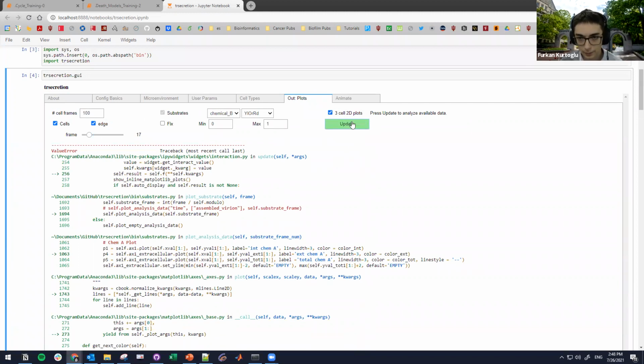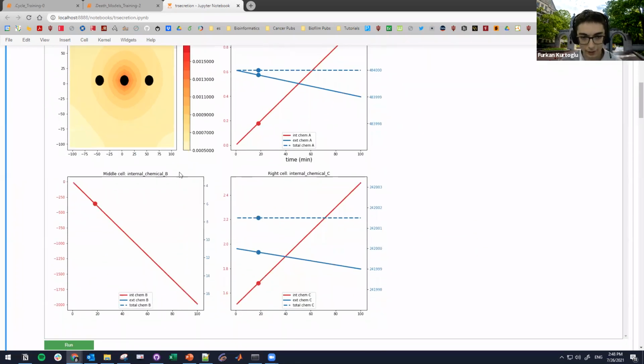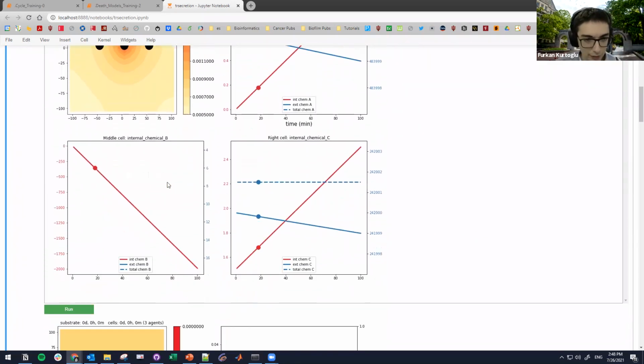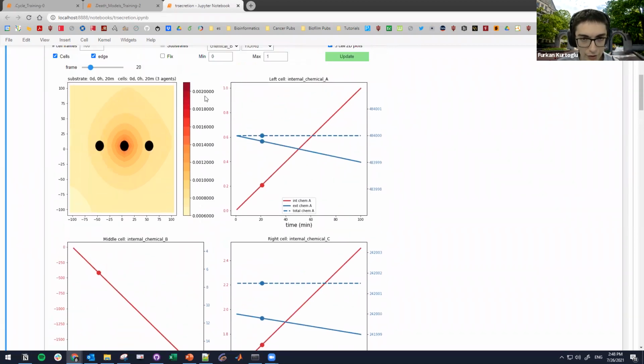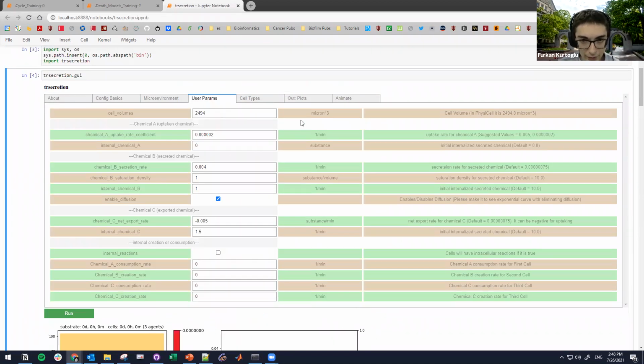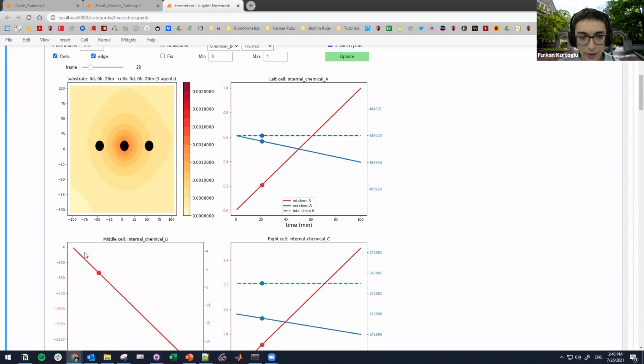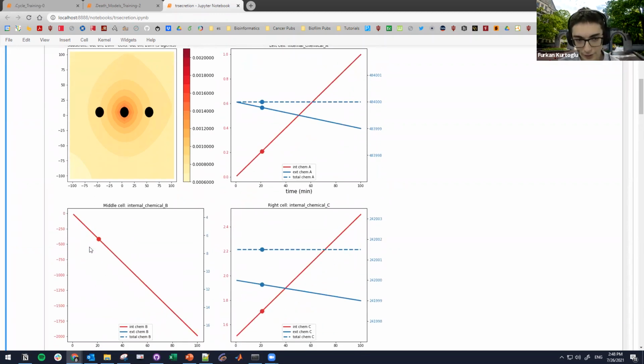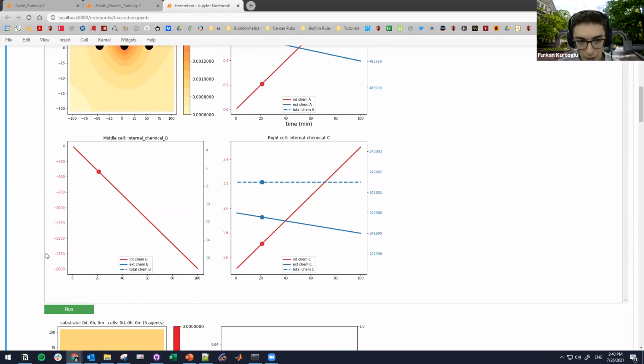Okay, updated. It's calculating the overall ones. This is the part I would like to show. Because of the mass conservation and the secretion rates, the internal ones are just mathematically calculated.